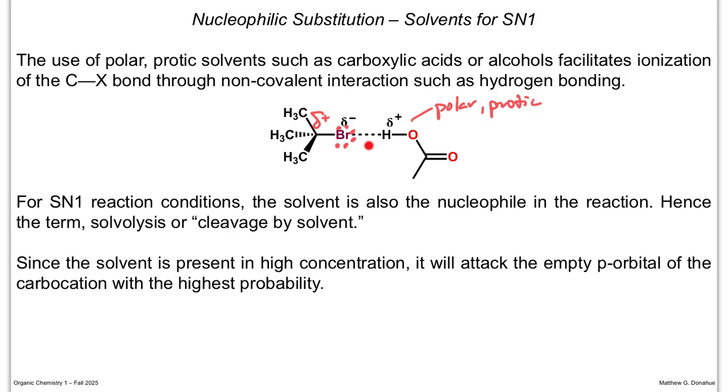And again, the crappy thing about this drawing is I'm just showing one of these solvent molecules, but that bromine is sort of like a beach ball. It's surrounded by a lot of solvent. So you have a lot of these interactions tugging on that bromine. And since they're all tugging on it, you're further weakening that bond, which is helping to ionize it and overcome the energy needed for that rate limiting step.